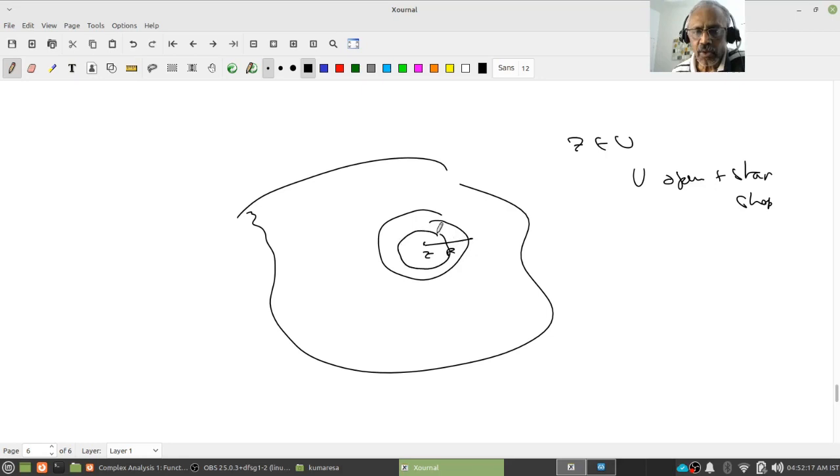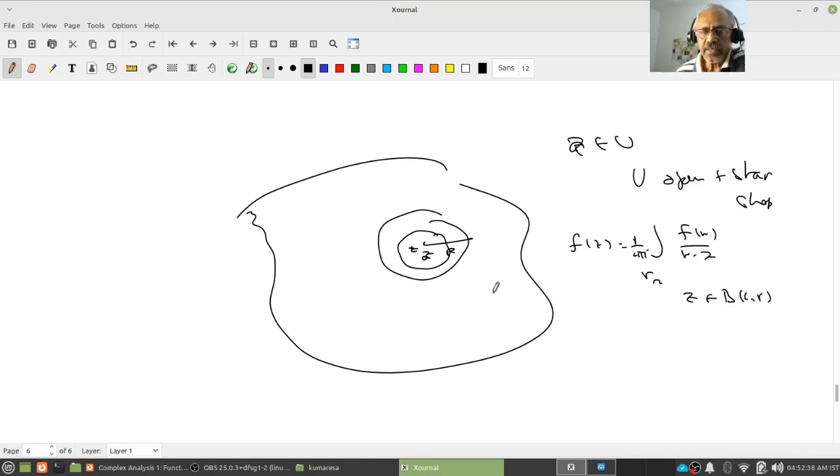Then choose a small r, and fix an a. For every z in the ball, f of z is going to be 1 by 2 pi i times the integral over gamma r of f of w by w minus z. Do you follow that? Therefore f is analytic here.